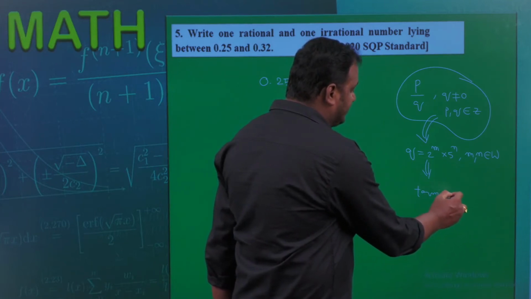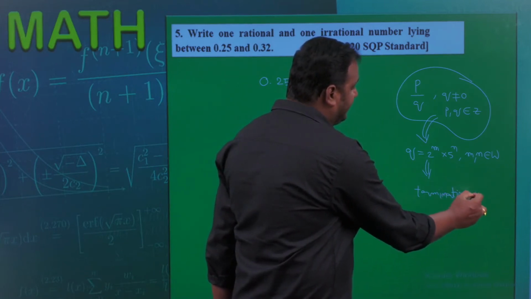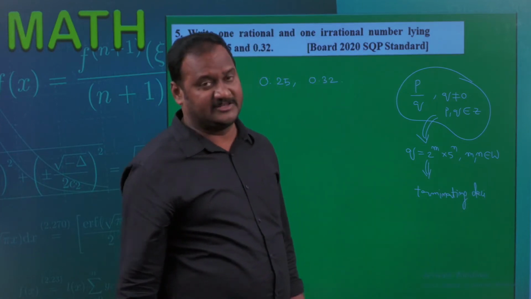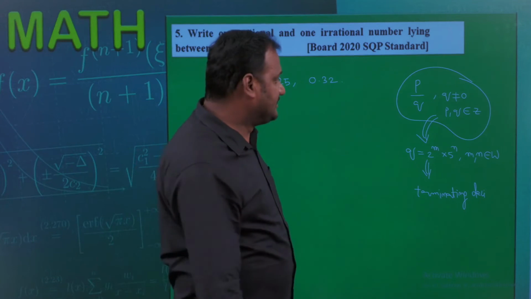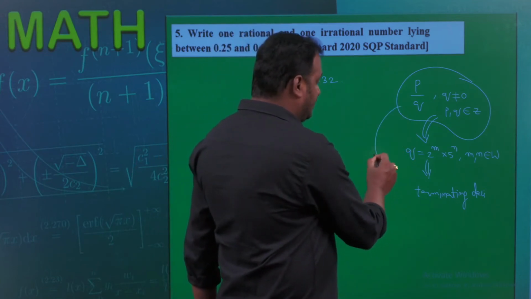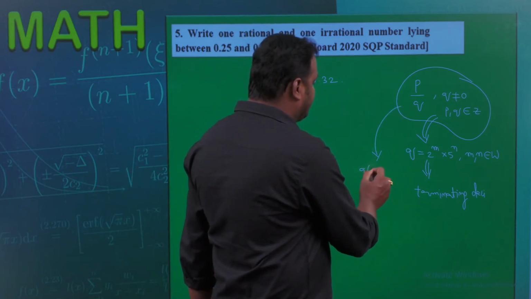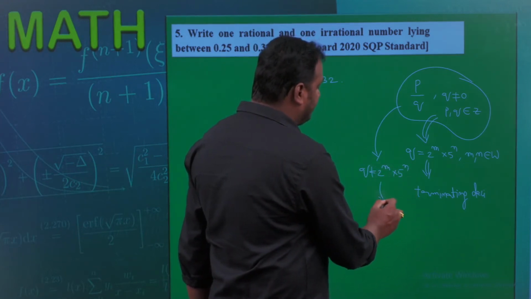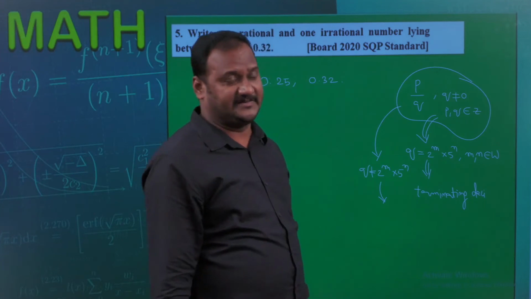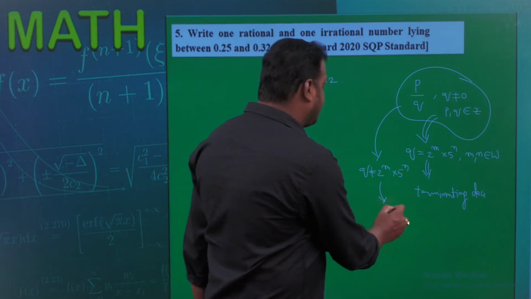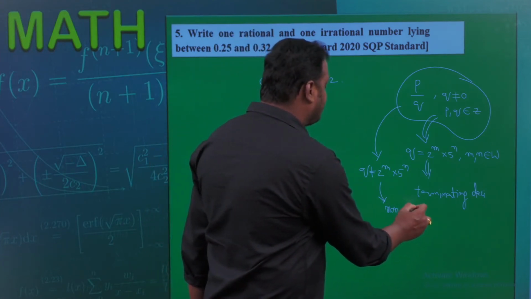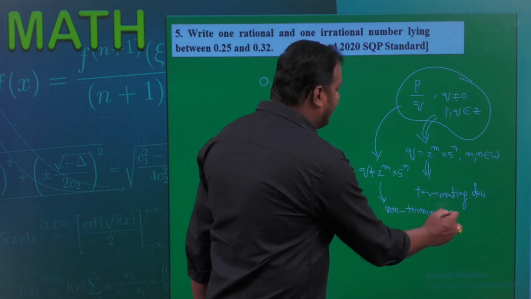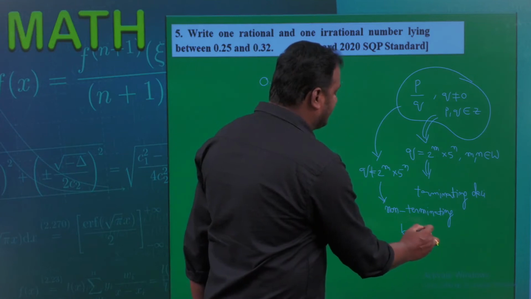What do you call that? Terminating. A terminating decimal is one where the decimal does not go on repeating. If q cannot be expressed in the form of 2 to the power of something into 5 to the power of something, then these kinds of decimal expansions are non-terminating but repeating decimals.